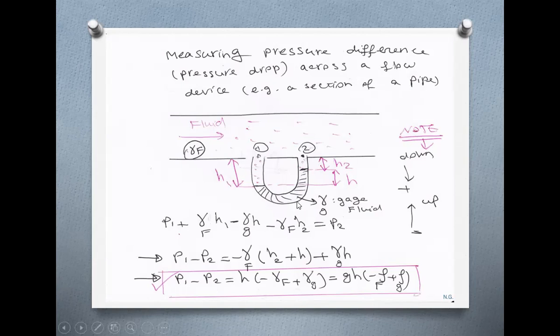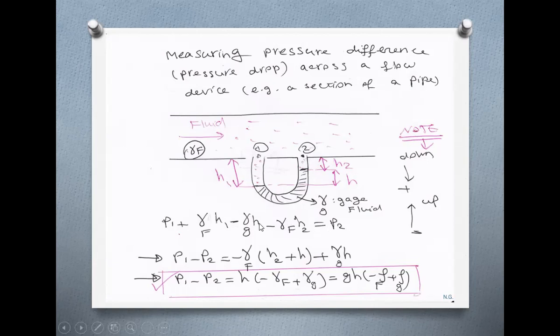But look at the geometry. Isn't H plus H2 equal to H1? Yes, it is. So for these two terms, if you factor out gamma of the fluid, then you have H1 minus H2. See, H1 minus H2, that's going to be H. So it's gamma of the fluid times H with the minus sign, and you take it to the other side.